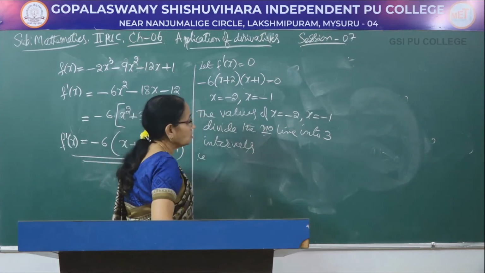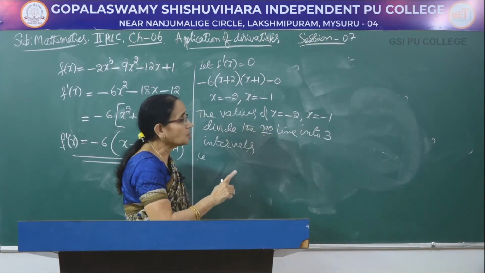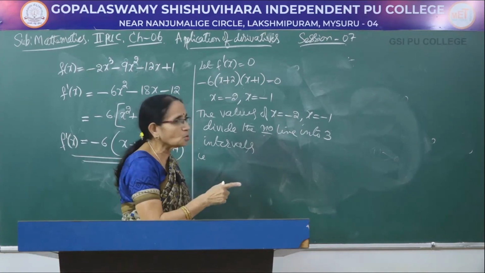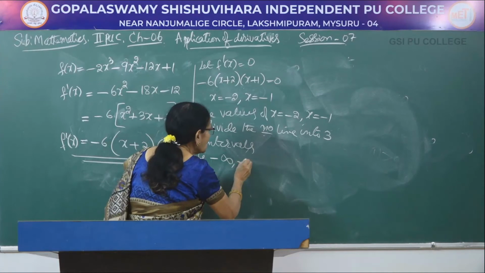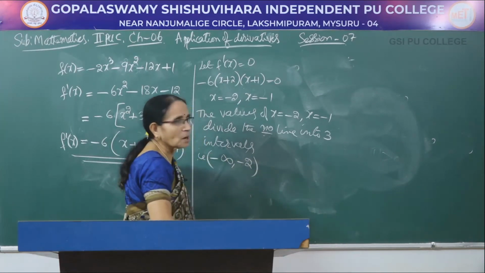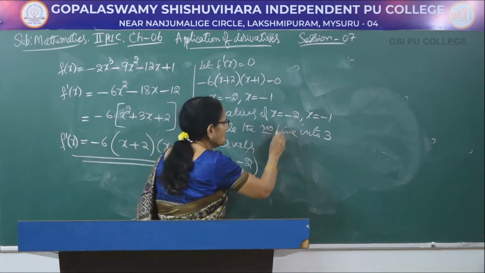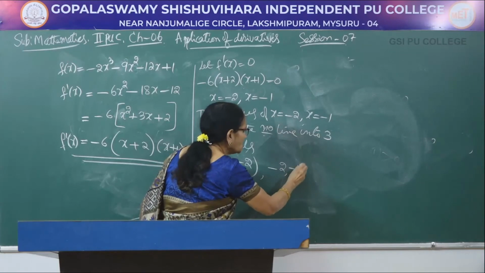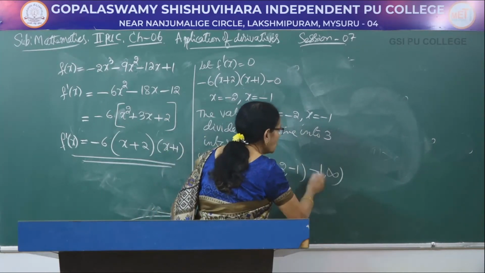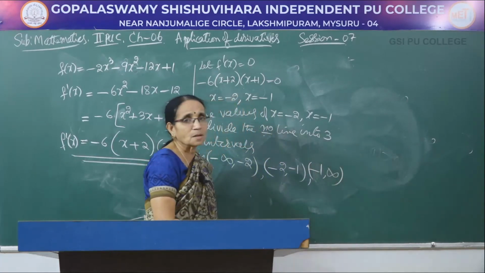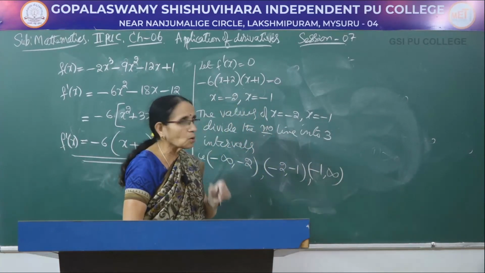Be careful, 2 is greater than 1, but minus 2 is less than minus 1. The intervals are minus infinity to minus 2, then minus 2 to minus 1, next minus 1 to plus infinity. See, these are the 3 intervals we have got here.